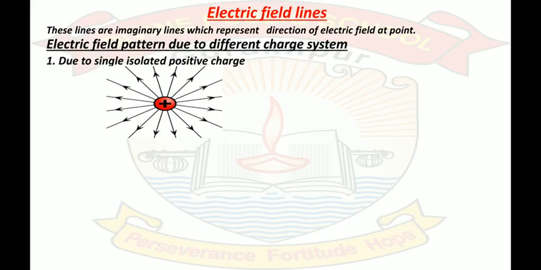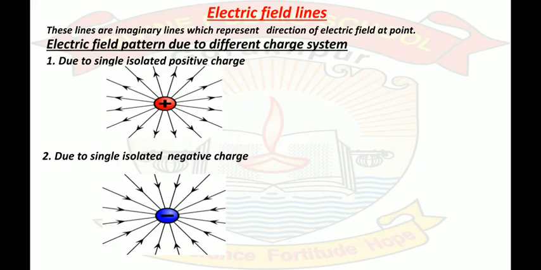Second, we are going to take a single isolated negative charge. It is the same as a positive charge, but the difference is now the electric field lines are radially inward towards the negative charge. From these two we can understand one point, that electric field lines originate from positive charge and terminate at negative charge.